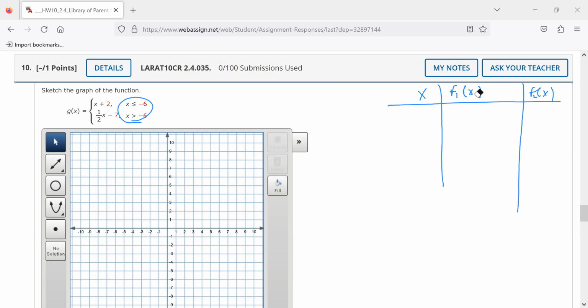Okay. F1, F2. All this top one. F1, F2. We're just trying to keep our stuff together.